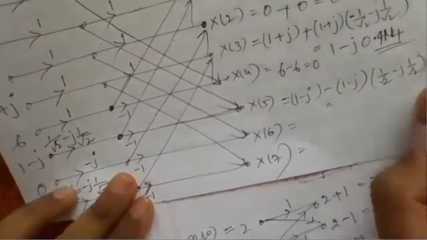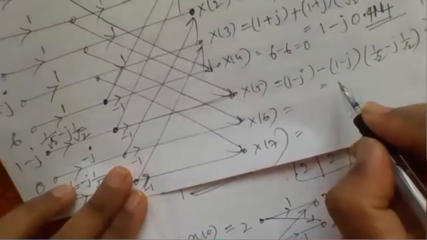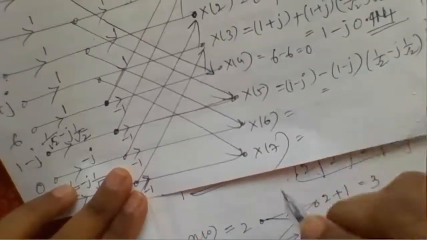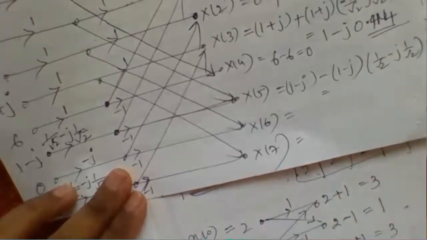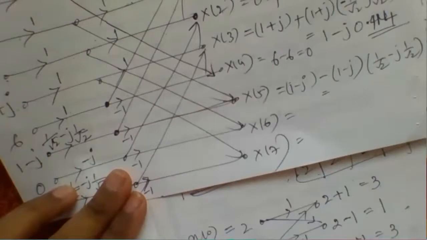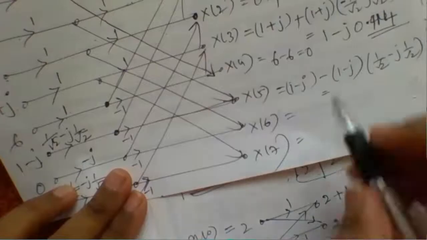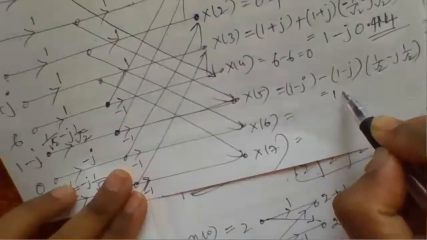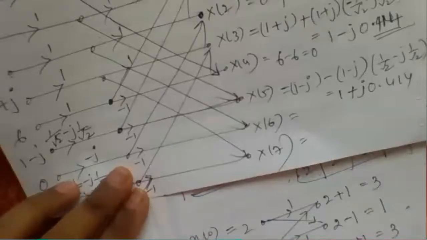Okay, so now for this X of 5, what is the sample value? X of 5 is 1 plus j 0.414.